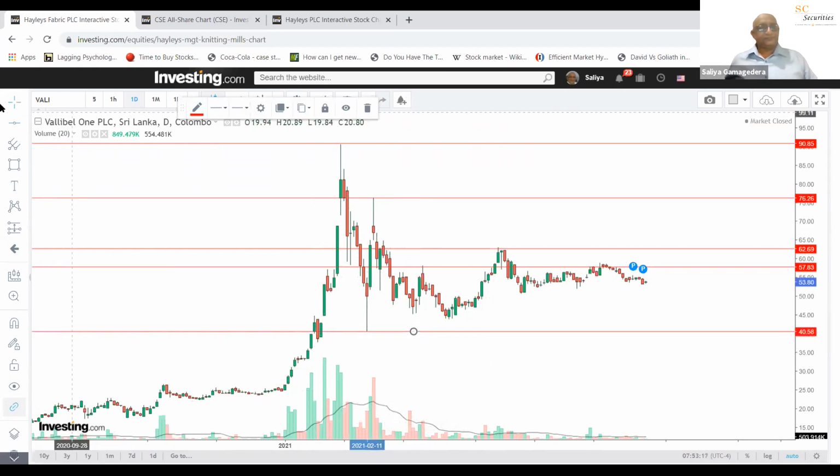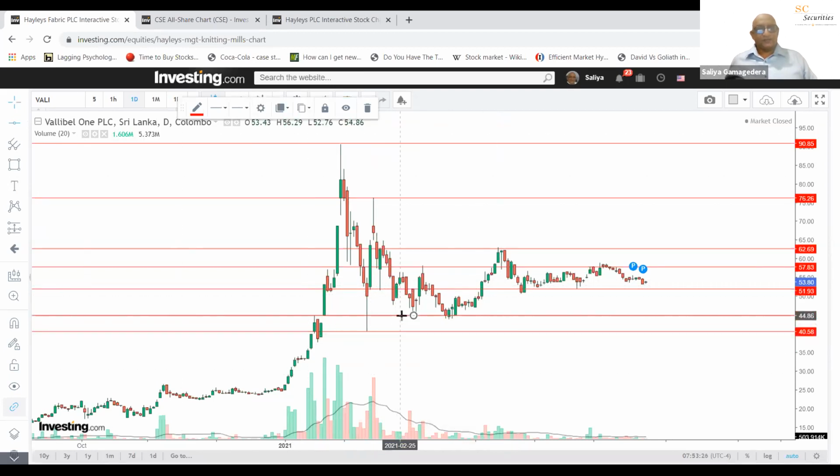Swing low here. There's a swing low here. There's a swing low here. And finally, this is a significant low, even though you don't see the wicks at the bottom. You can see that it's a significant low. So we are taking that as well.